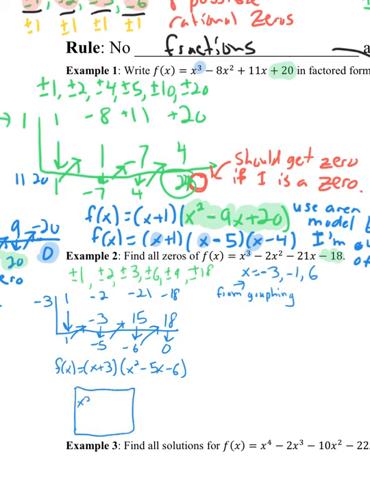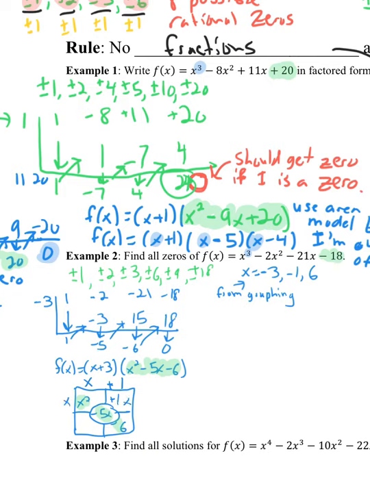And I can go ahead and take that x squared minus 5x minus 6, and I'm going to factor that the rest of the way. And again, because I have this x squared minus 5x minus 6, I do have a little bit of help because I already looked up the zeros. I can say, hey, well, one of the zeros was a -1, so I should do an x plus 1 up here.